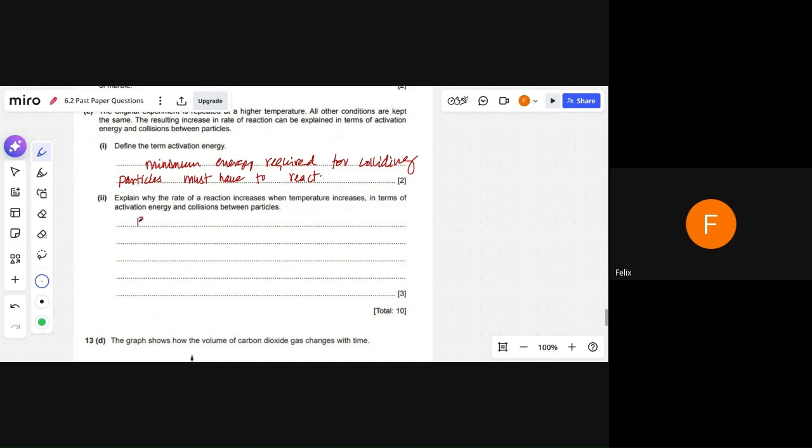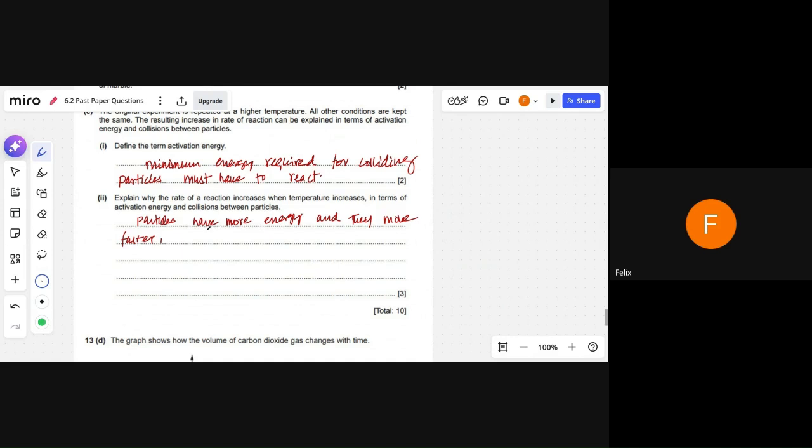So I'm going to write: particles have more energy and they move faster, right? Basically the same answer.